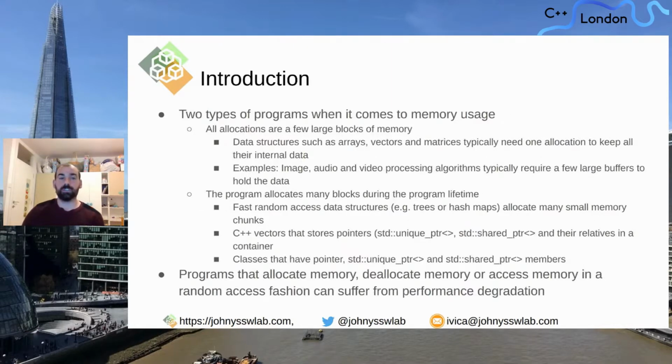So first, an introduction about the types of programs that exist here and how they use your memory. In the early days of development, most of the programming was done in huge large buffers, and this is still the way it's done now. For example, image, audio, and video processing algorithms typically will allocate a few large buffers and iterate through those as arrays or vectors or matrices.